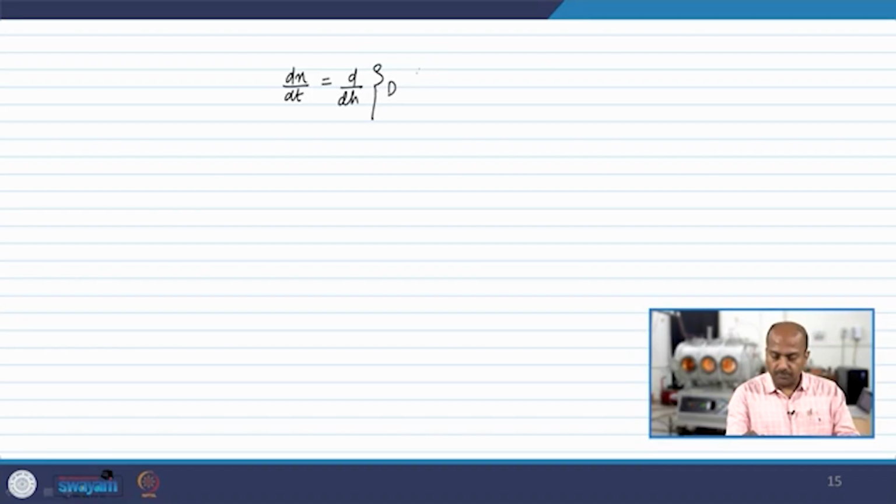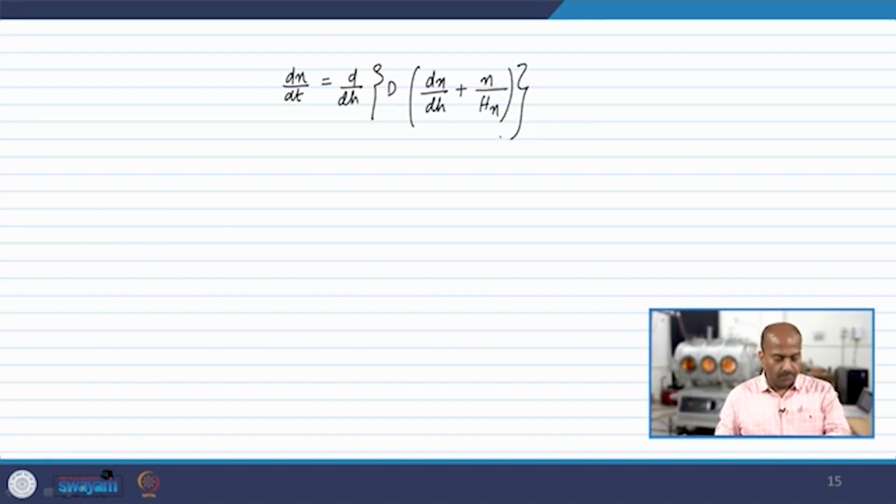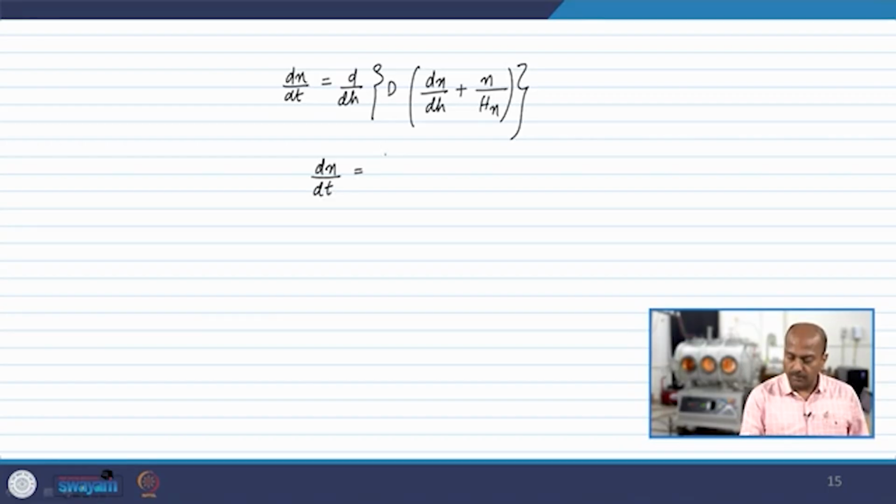So, bringing back that here, we can write dN by dt is d by dh of D times dN by dh plus N by HN. One thing, earlier we had D as constant, but D is not a constant now. So, we can write dN by dt as dD by dh times the bracket.